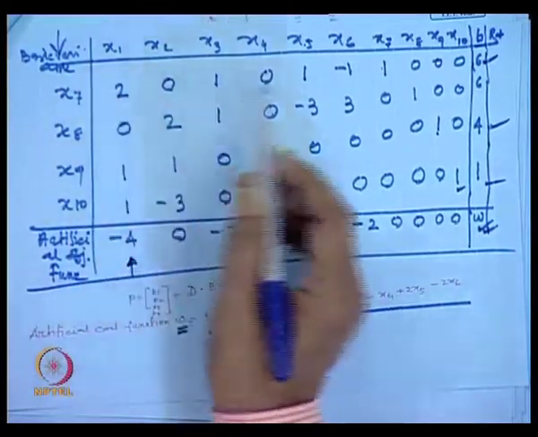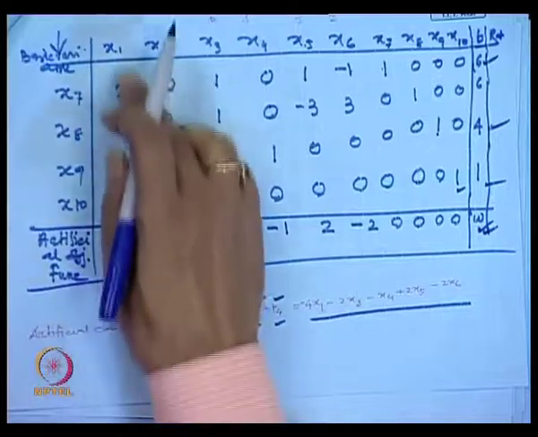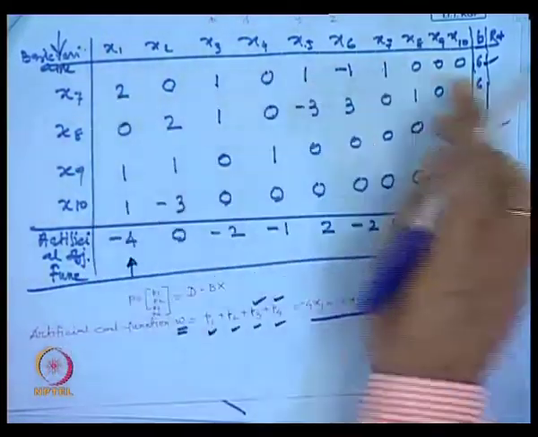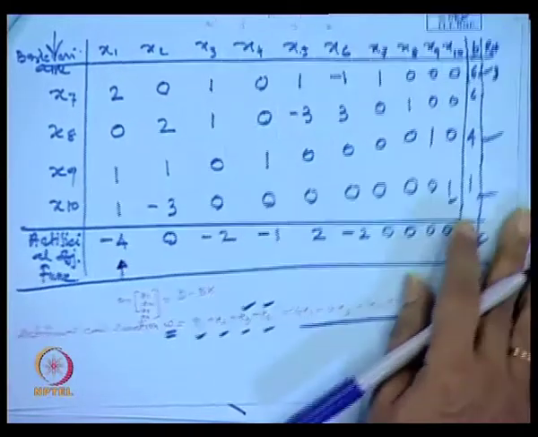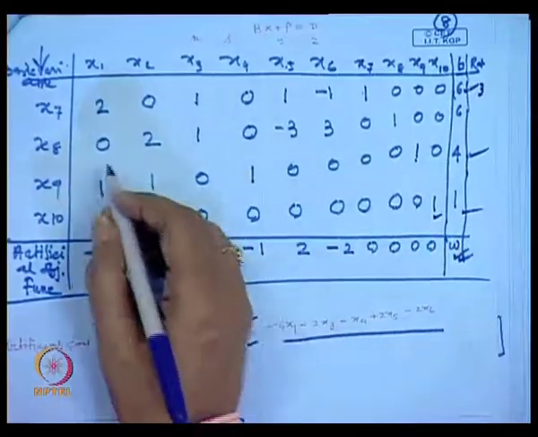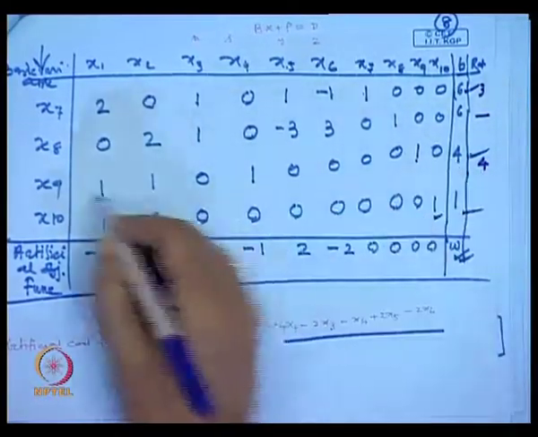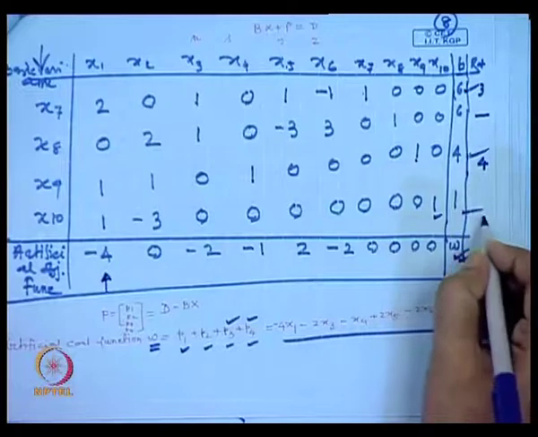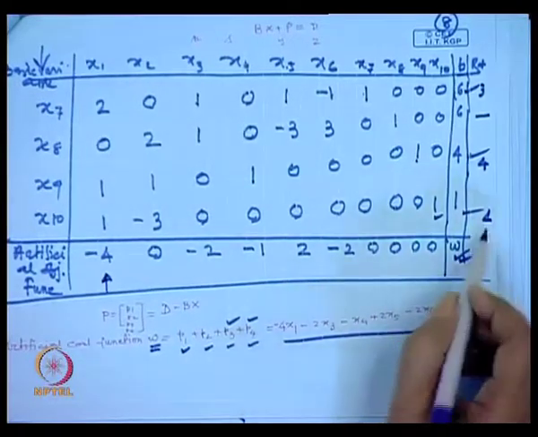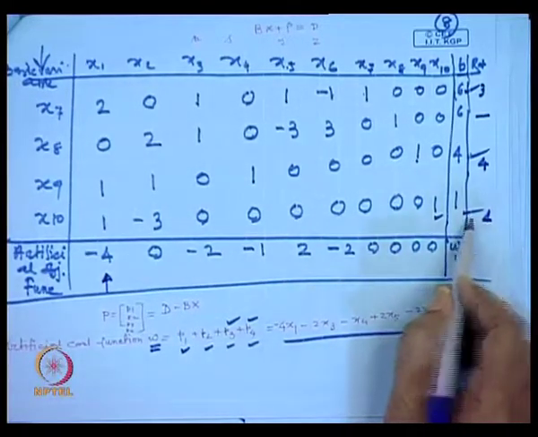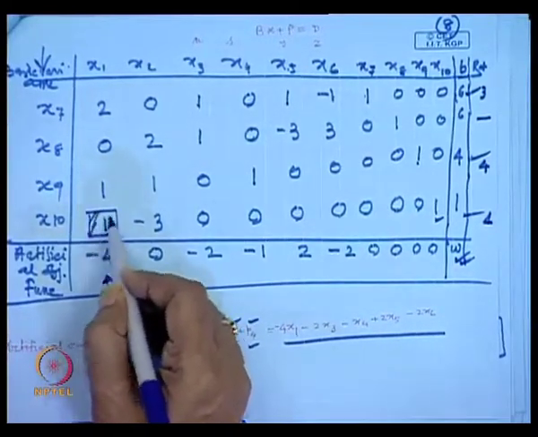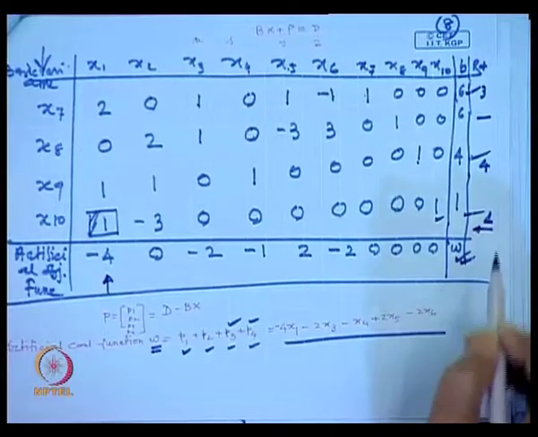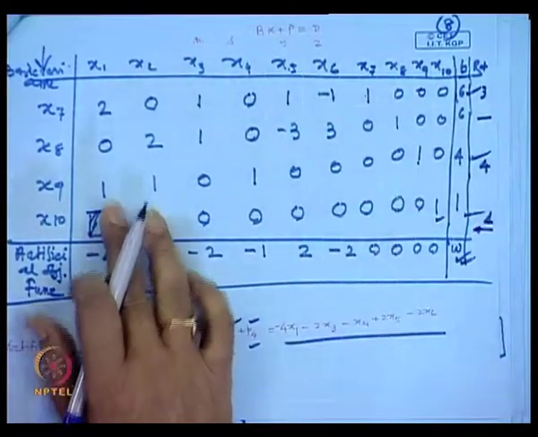You divide along this column: 6 divided by 2 is 3, then this is 0, ignored, this is 4 divided by 1, and 1 divided by 1 is 1. So, this is the minimum ratio. This is our pivot element and this is our pivot row. This way we have identified the pivot row.